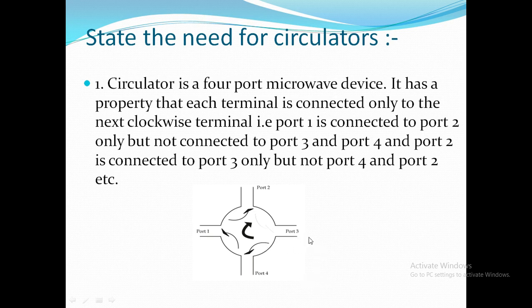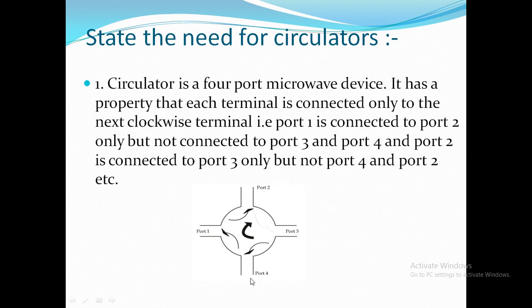Suppose port 3 is connected to the transmitter, whereas port 1 is connected to the receiver. A common antenna for transmitter and receiver is connected to port 2. So we connect one common antenna that is used for both transmitter and receiver.